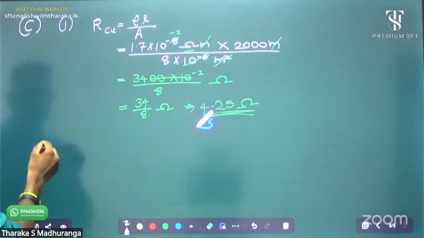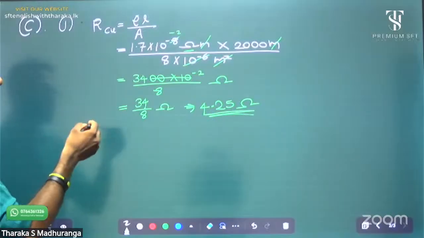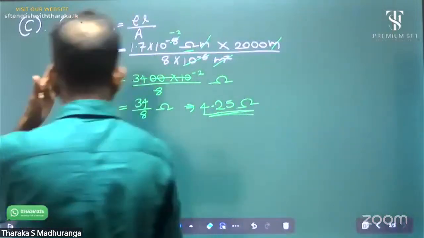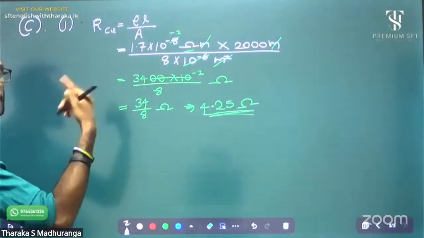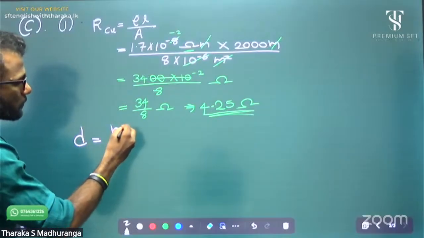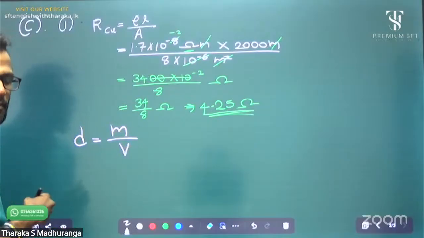Now the second one. This was the resistance. Again, it asks what is the mass. You already know density equals mass over volume.